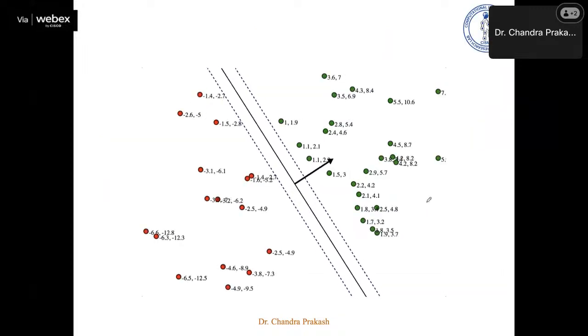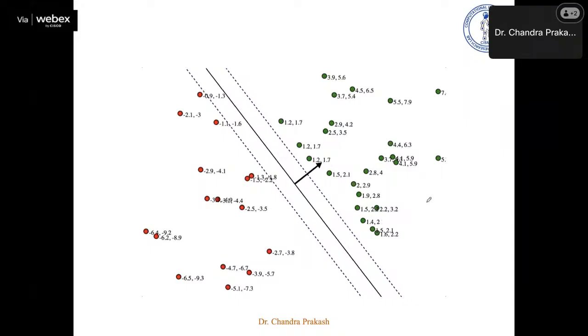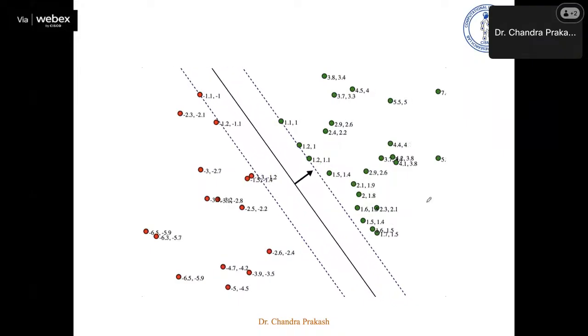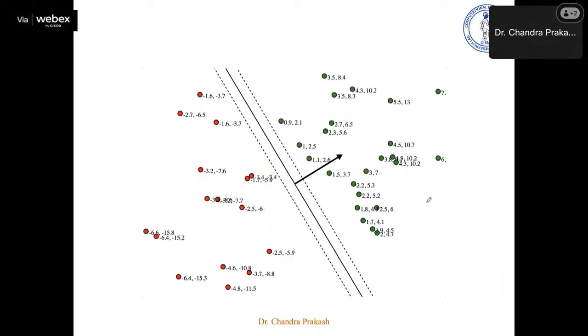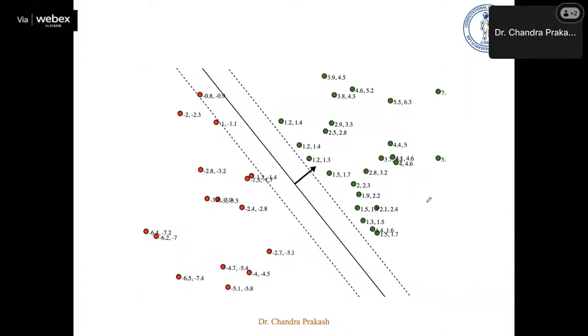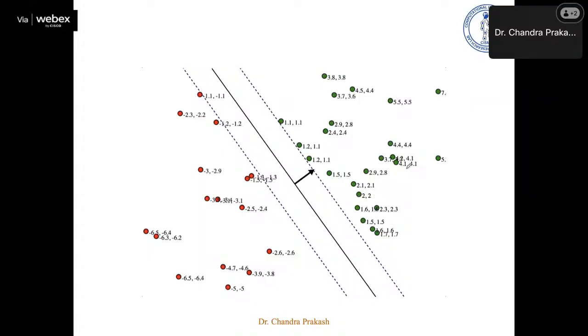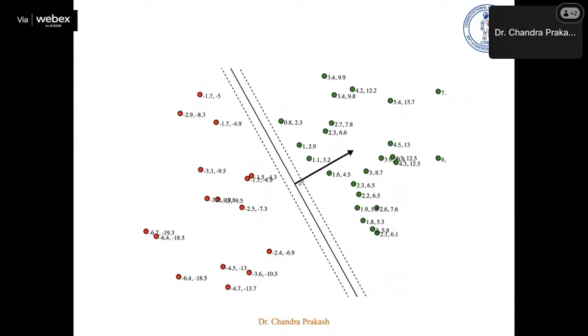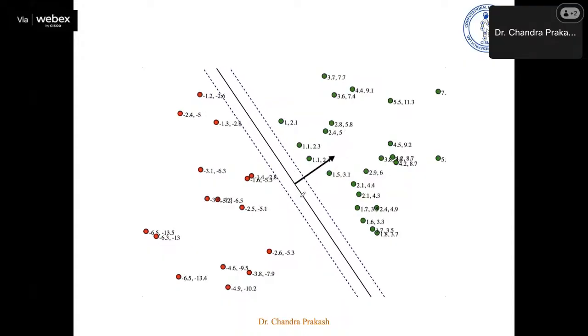So what we try to do over here, let's say we have two lines. For example, in this case, we keep on changing this line.